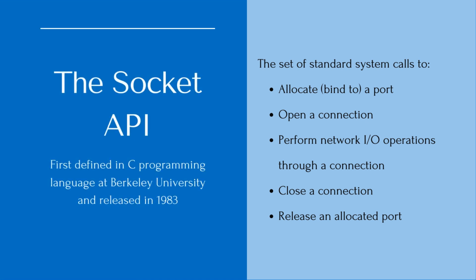It was first defined in C programming language at Berkeley University and released in 1983. Other programming languages provide their Socket API as wrappers around the original C Socket API. In the next video, we will cover in detail the Python and Java versions.